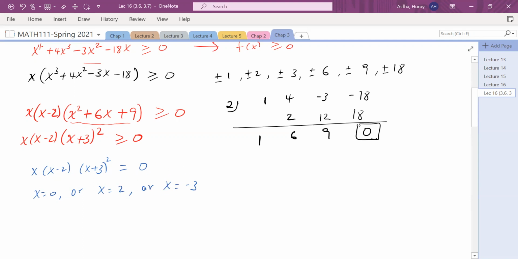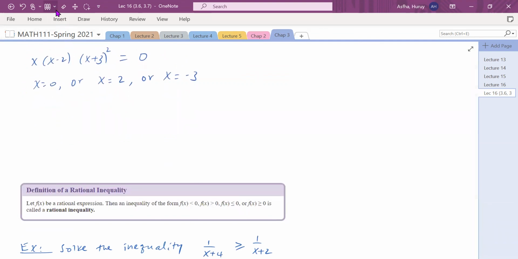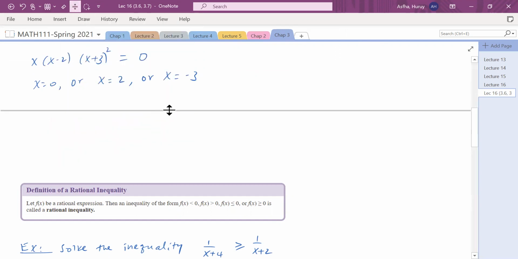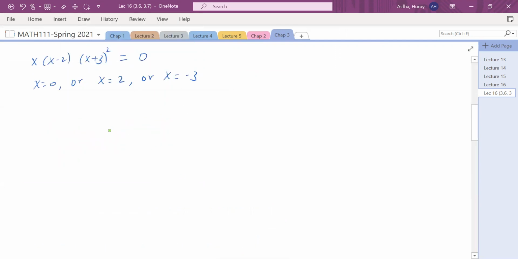Okay. And the next that I'm going to do is I will draw a line, and I will put the boundaries starting with negative 3.